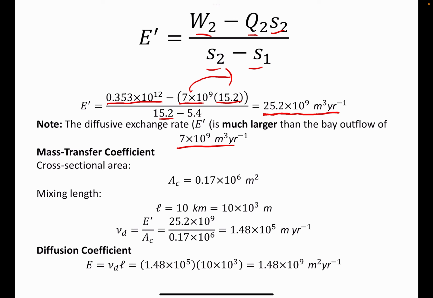Okay? This is very important because the relative importance of diffusion, mixing, compared to actual water flow, advection. So actual water flow is advection, and diffusion or mixing is, the diffusion here is more important than the actual water flow advection.